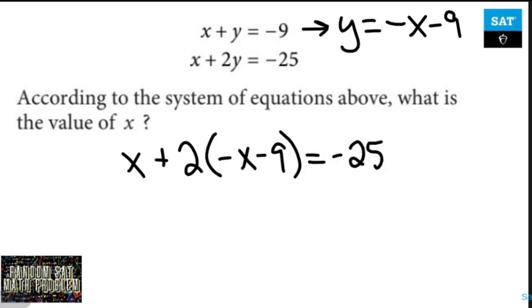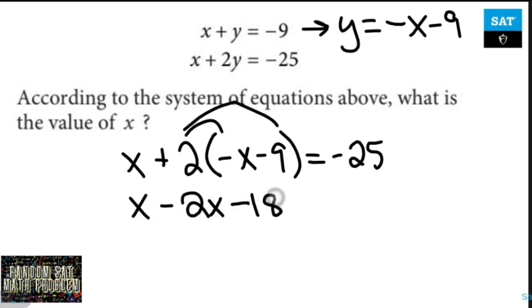Now that x is all by itself, I'm going to solve for x. So I'm going to distribute: x minus 2x, because 2 times negative x is negative 2x. 2 times negative 9 is minus 18. That's going to equal negative 25. I'm going to combine these like terms and get negative 1x.